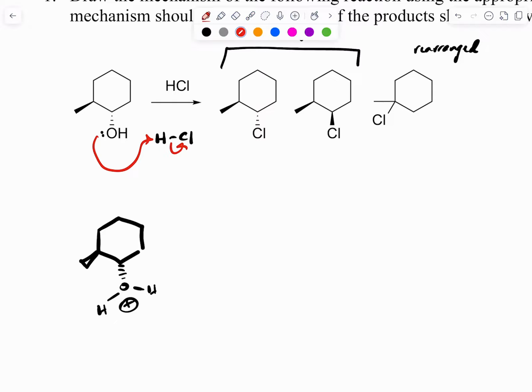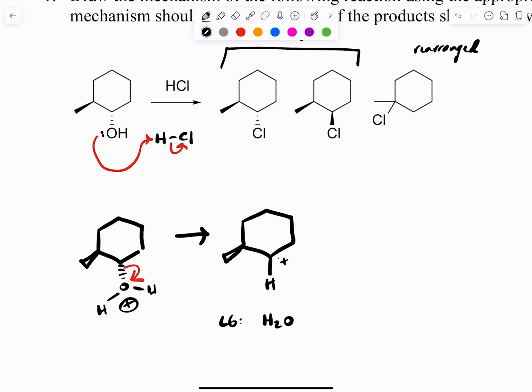So that tells you that the leaving group had to leave. Remember, good leaving groups are conjugate bases of strong acids. The leaving group here is water, which is a conjugate base of a strong acid. Okay, so here is our carbocation. Now what?